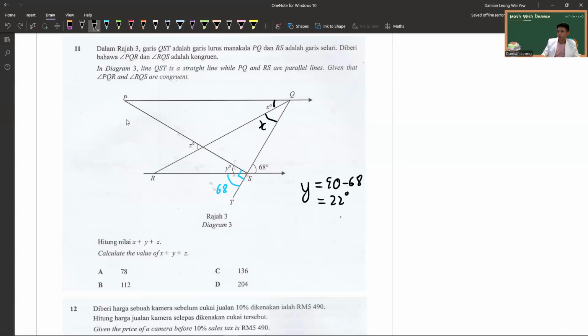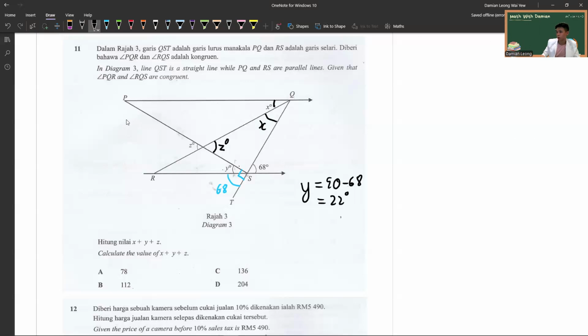Now x and z. z here would be z as well. Since I already know y is 22, here is 68.